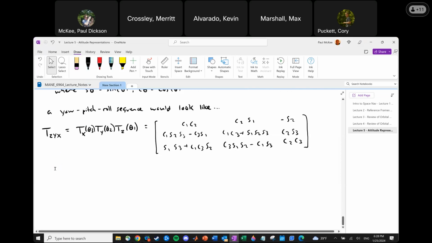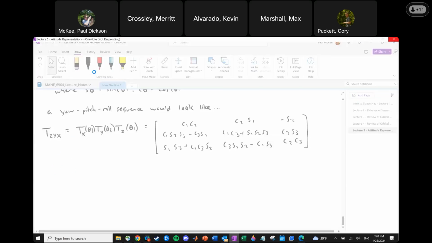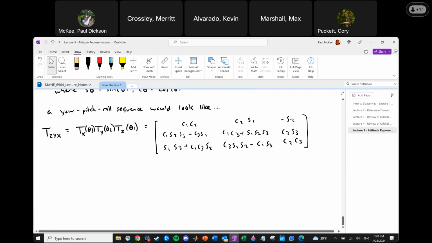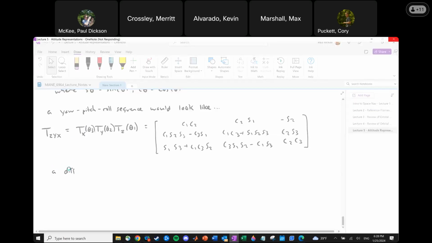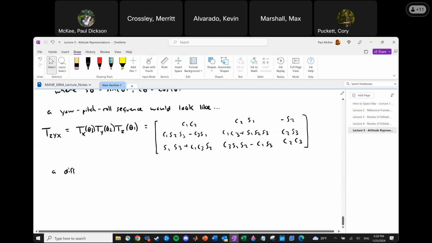A different rotation sequence. Come on. Oh wow, is it actually going to crash on me? Come on.